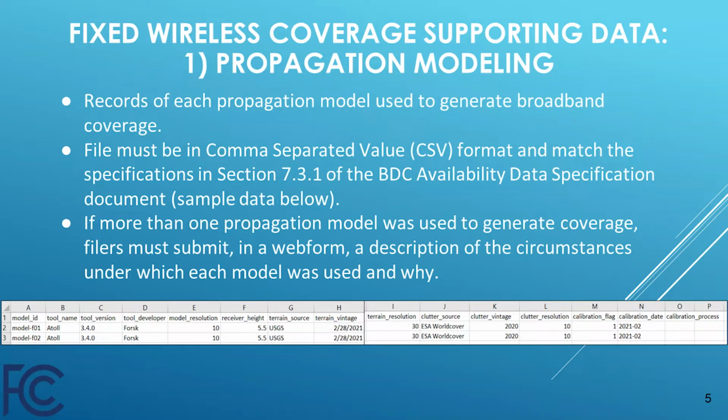For example, if a provider submits multiple models at different resolutions, such as a 30-meter resolution for rural areas, a 10-meter resolution for suburban and urban areas, and a 3-meter resolution for dense urban areas, then the filer must include each model as a record in the propagation model details CSV file and explain why it used each model at each resolution in its propagation model conditions explanation.